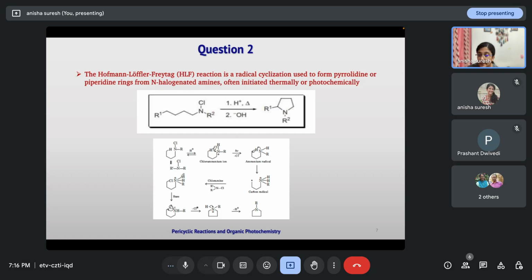Then in the presence of the base, proton abstraction can take place, leading to formation of this amine. Its lone pair will be free. It can attack at the center, leading to chlorine elimination. It will result in the formation of this intermediate, which upon deprotonation will give the skeleton. Okay, so pyrrolidine or piperidine rings can be formed from N-halogenated amines using this Hofmann-Loeffler-Freytag reaction. Clear?